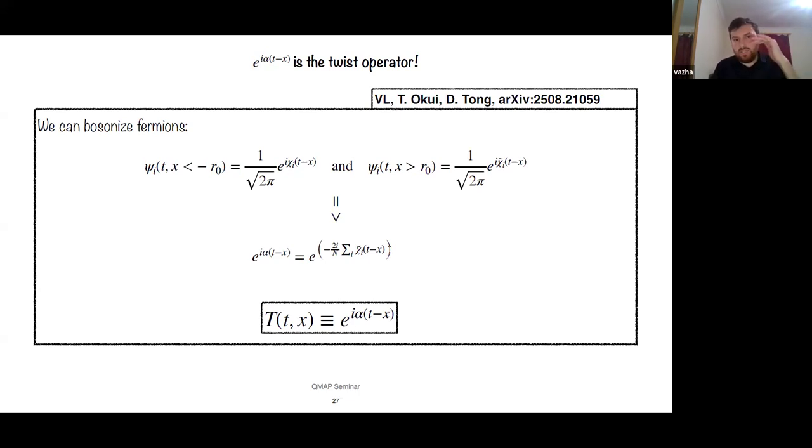So let me say what really happened. We introduced the rotor to account for the dionic excitations of the monopole and at the same time guarantee conservation of U1m charge.